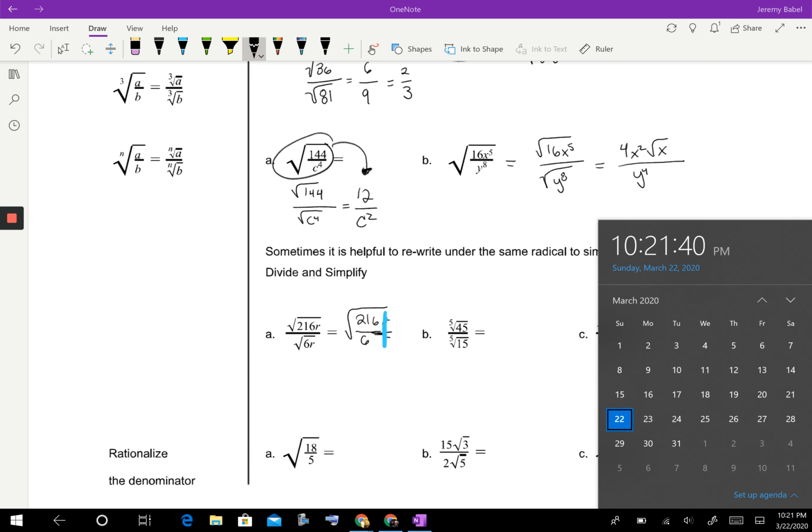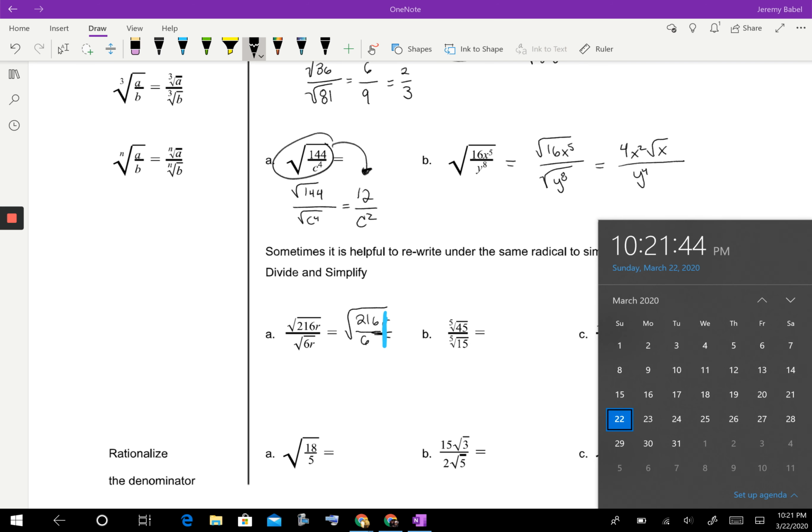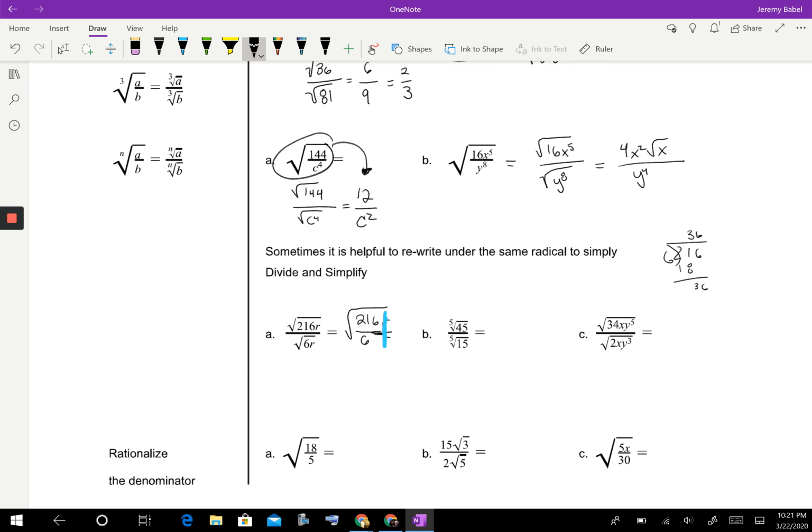So 216 divided by 6 is 36. So that simplifies to the square root of 36, and the square root of 36 is 6. So this whole thing simplified nicely to just the number 6.